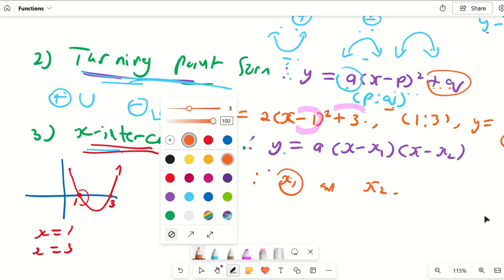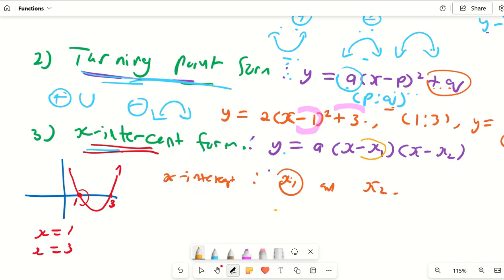Whatever you have there, note that we're taking opposite signs. So it's minus x1, my first one is positive x1, minus x2, positive x2. So you always take the opposite sign, for both, to write down the x-intercepts.